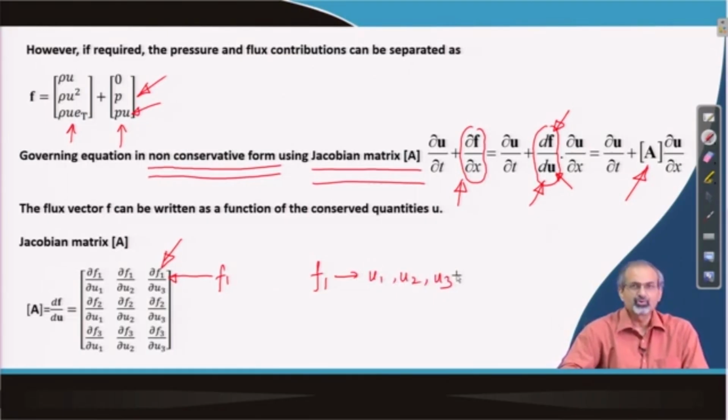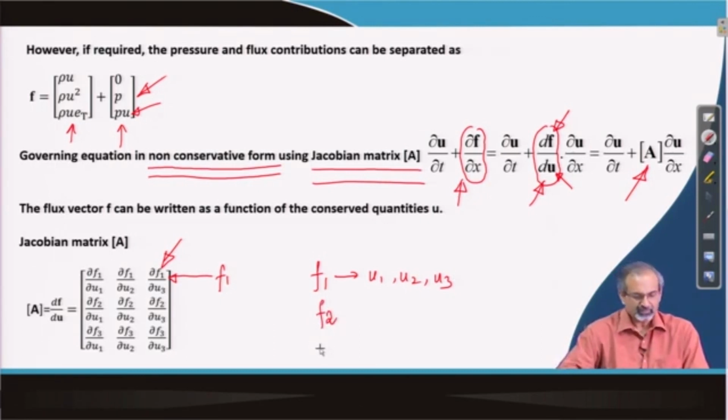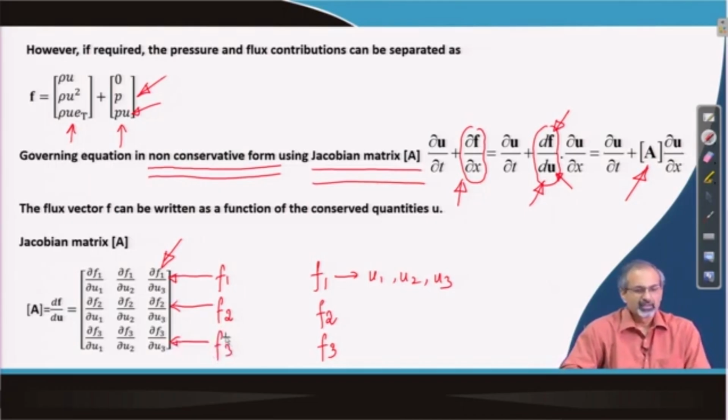If you go to the second row of the Jacobian matrix, you can similarly see that the partial derivatives of f2 come in over there with respect to the three components of the u vector, and similarly the third row involves f3. So, these are the three rows involving partial derivatives of the different components of the conserved quantities.